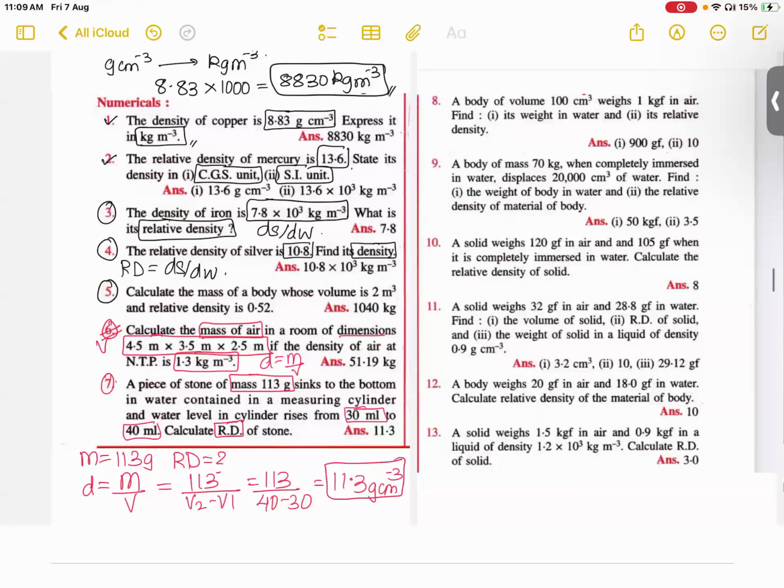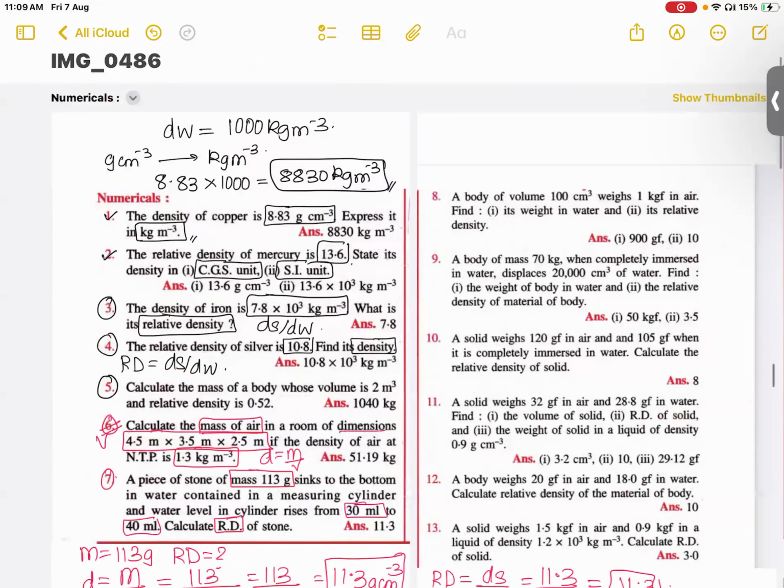Now, if I try to see carefully, guys, I know that RD is equal to density of substance upon density of water. 11.3 upon, I'm taking density of water as 1, which will give me my answer as 11.3. Does it make some sense to us, guys?